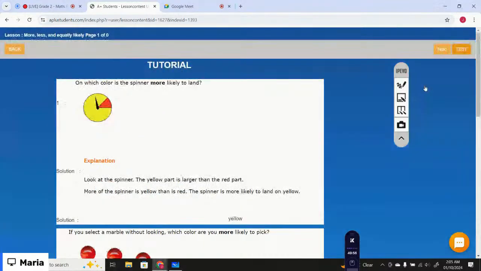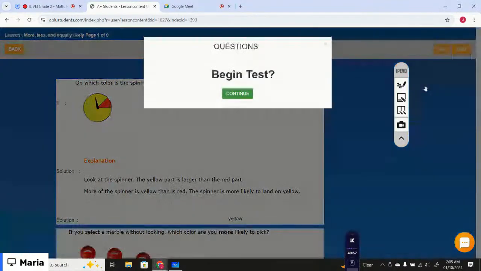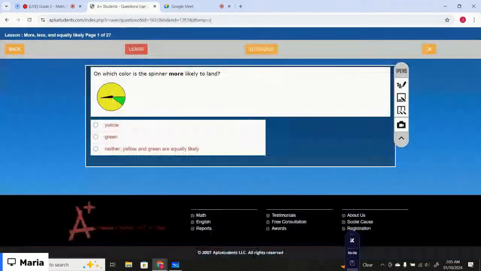Okay, let's just start with the test questions. On which color is the spinner more likely to land?